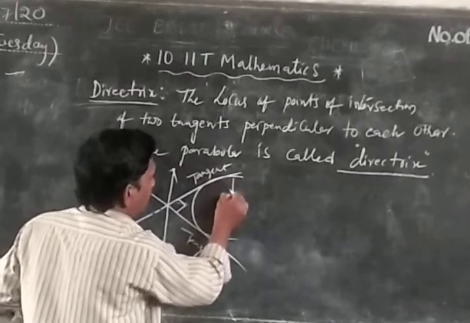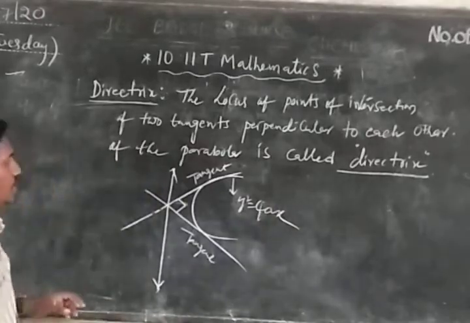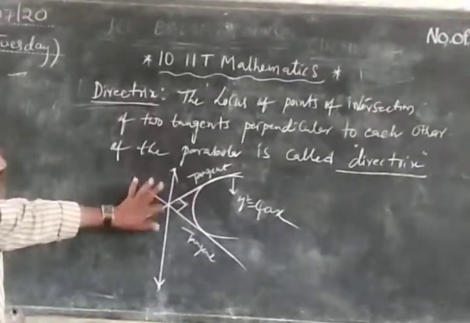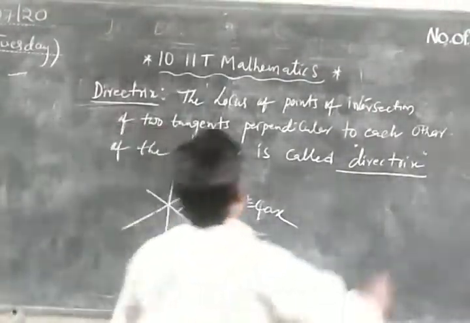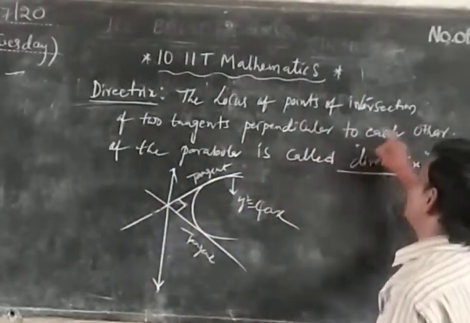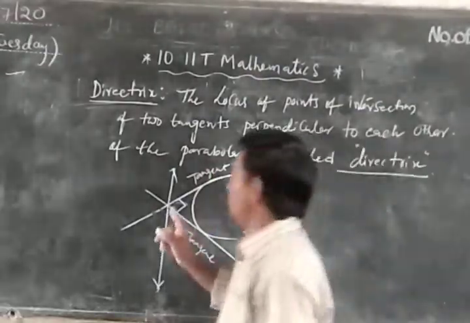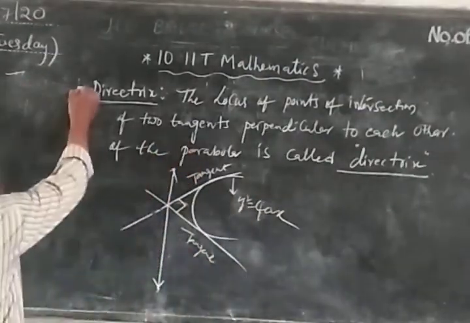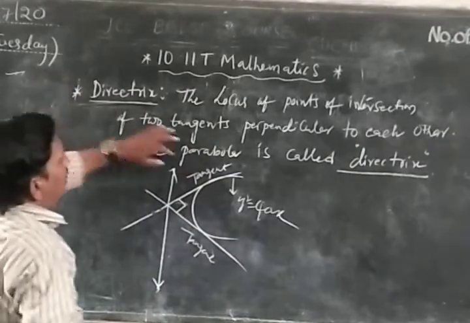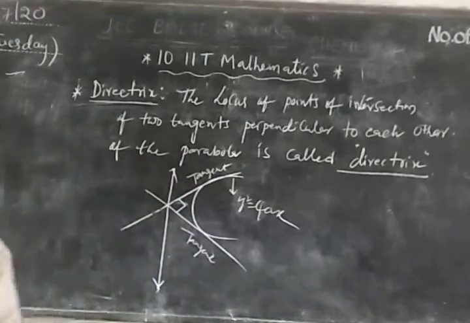This is y square equal to 4ax. That is called directrix. The locus of the point of intersection of two tangents perpendicular to each other of the parabola is called directrix. So this is the diagram, and the directrix belongs to the case when tangents are perpendicular to each other and intersect each other. Next.